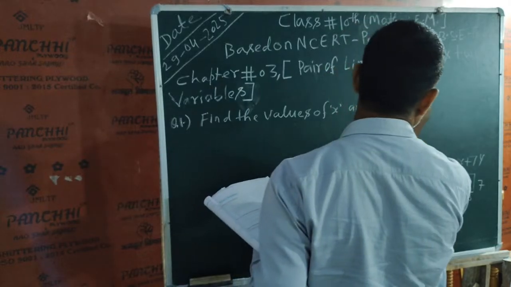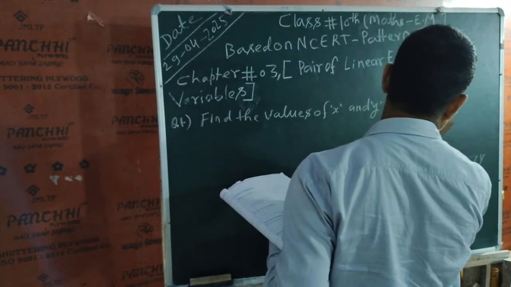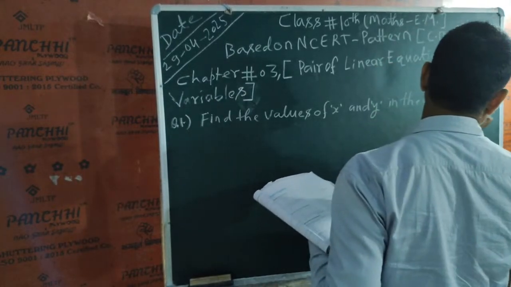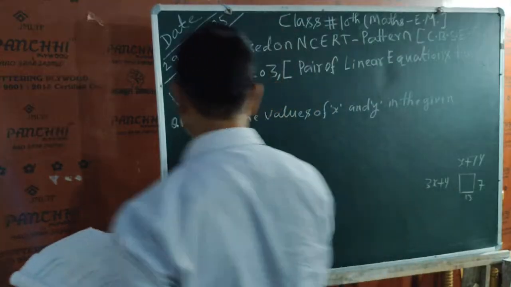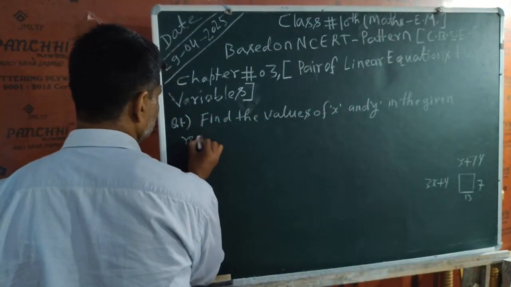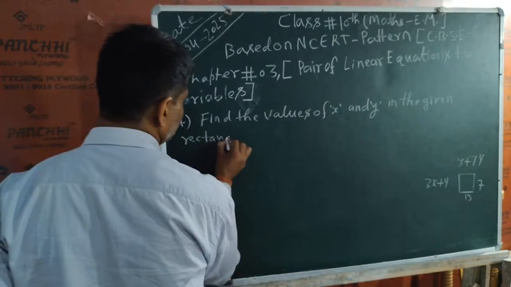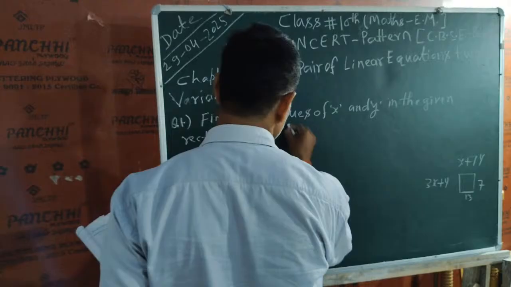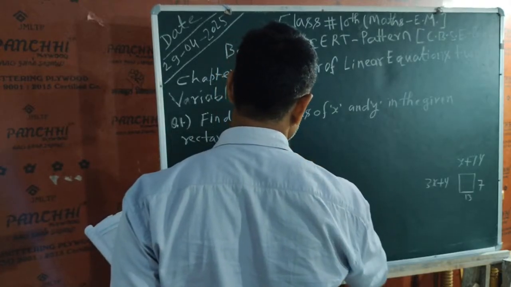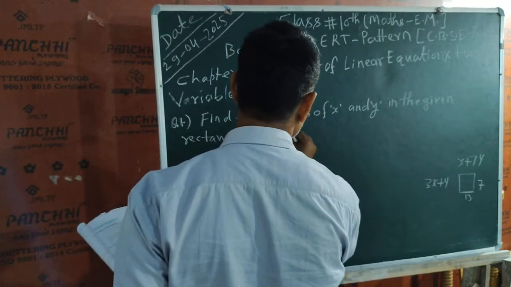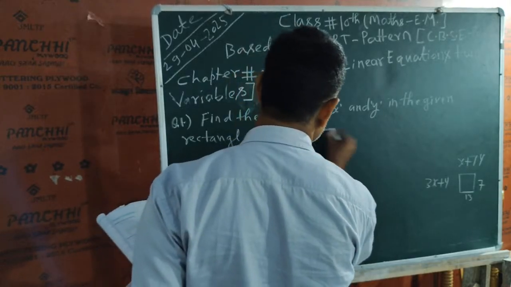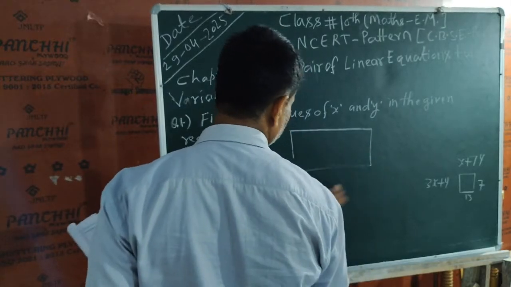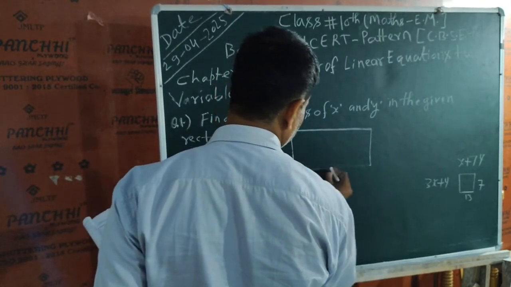Here I am going to draw the given rectangle in a diagram. A rectangle has the property that opposite sides are equal.